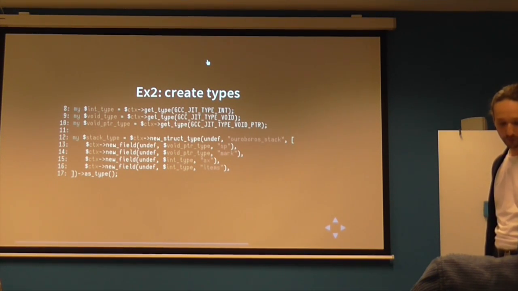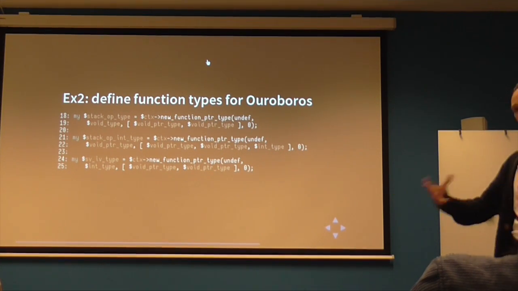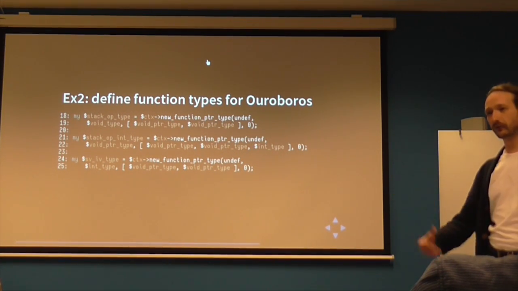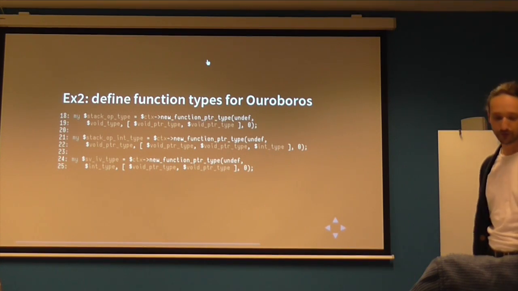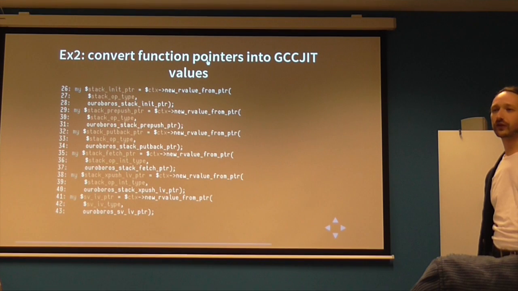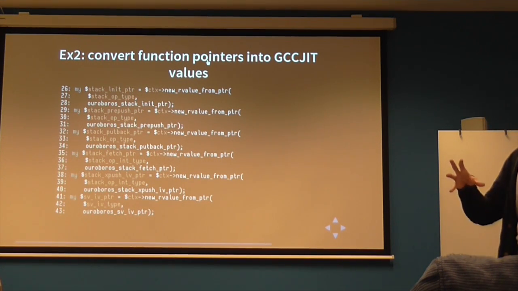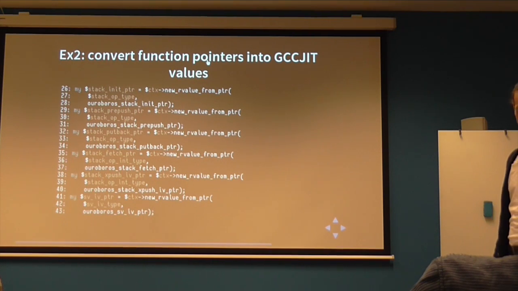Then we create some function pointer types that will describe to GCC JIT how to call functions that are supported by Ouroboros. Then we create values that GCC JIT can use to call them. So they are basically constants of a specific type which is described.